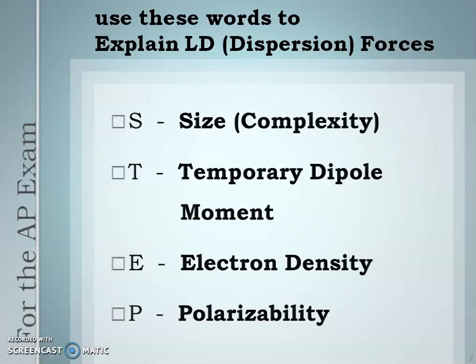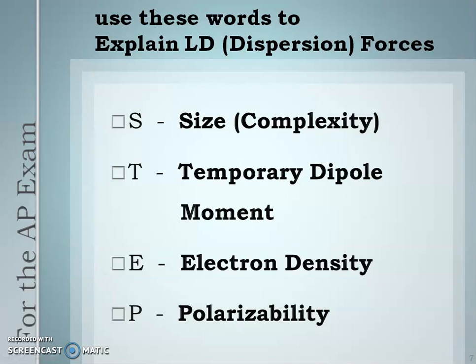When we're talking about that AP exam and they're talking about LD forces, these are the things you want to take notice of, or the words you want to use to explain why one LD molecule is stronger than another LD molecule. We want to talk about its size. We want to talk about how it becomes a temporary dipole.